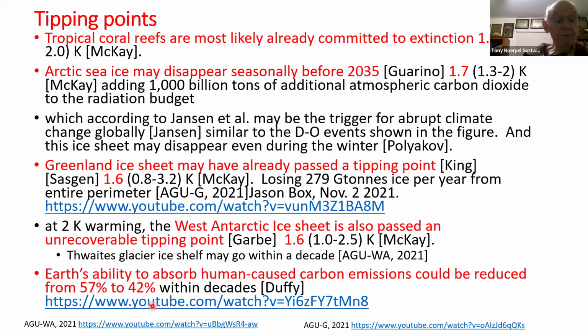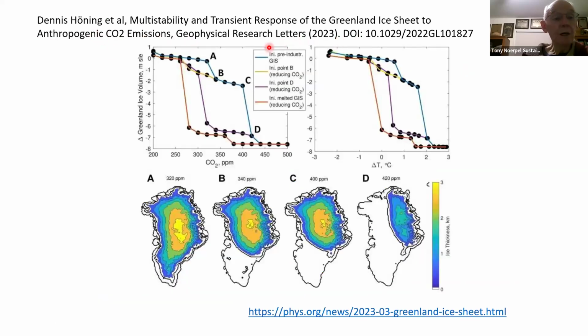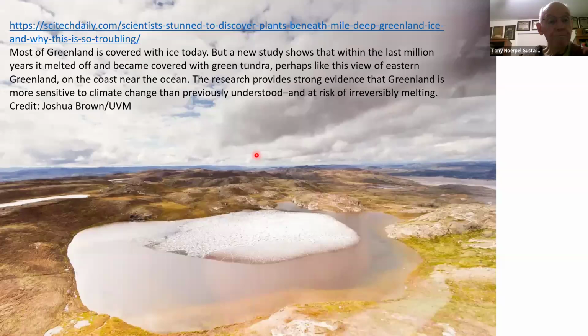But that will be reduced to 42% within decades, according to this paper by Duffy. Okay, so here's another paper about the Greenland ice sheet, and it shows again that bifurcation, or that hysteresis. And that area is about 420, 425, right? We are there on the boundary. And that's what it'll look like.